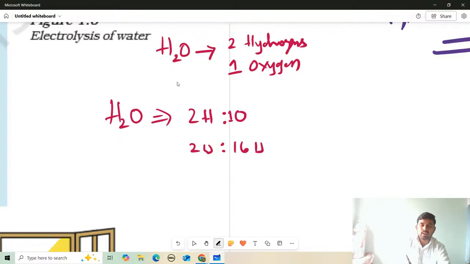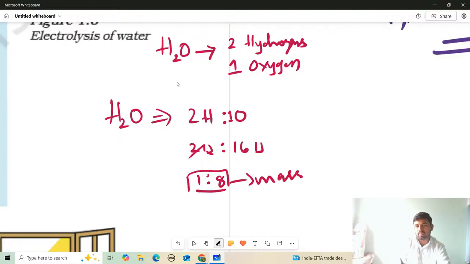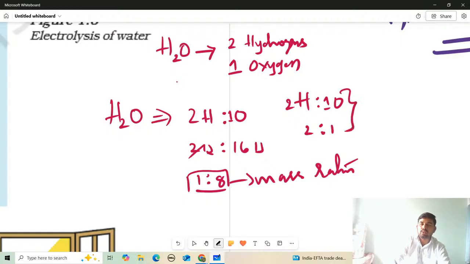So we can say 2 to 16, that is 1:8. This is the mass ratio. What is the number ratio, sir? Two hydrogens and one oxygen, so the ratio is 2:1. This is the number ratio.